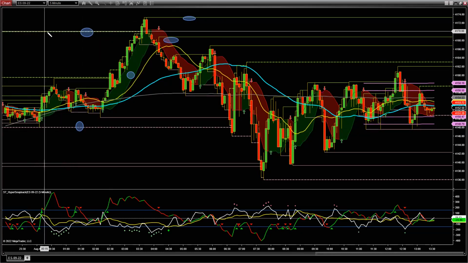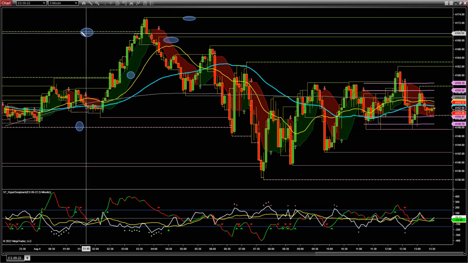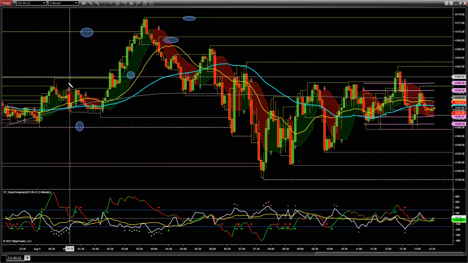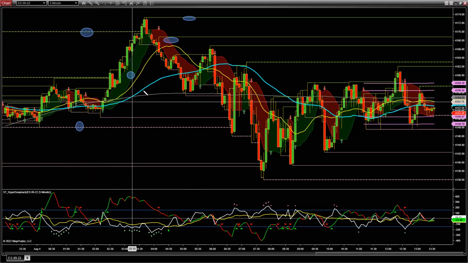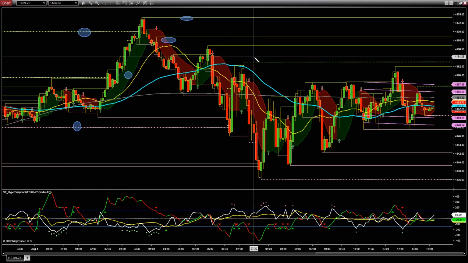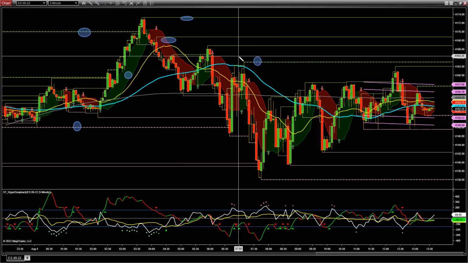So interesting, the dot dash on the green, this is the overnight session. So that's a high, that's a low. So as we go into 6:30, you notice you have new highs and new lows. So those give us parameters on ranges in the market.